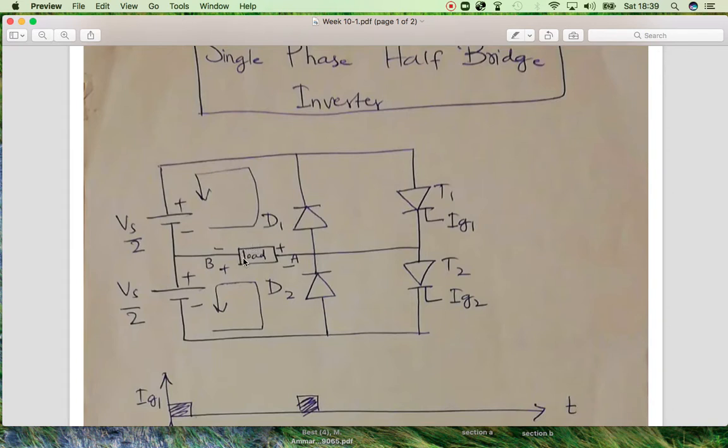If we have a resistive load over here, then there is no need for these two diodes D1 and D2, but when this load is a kind of RL or RLC load, then there has to be a flow of damping current, and for that flow of damping current through the load, these diodes provide a path.